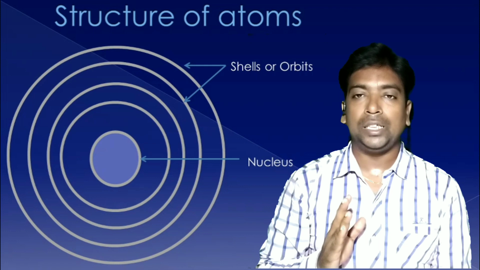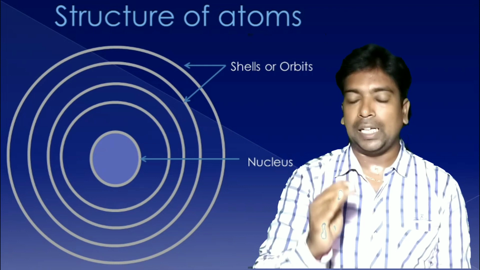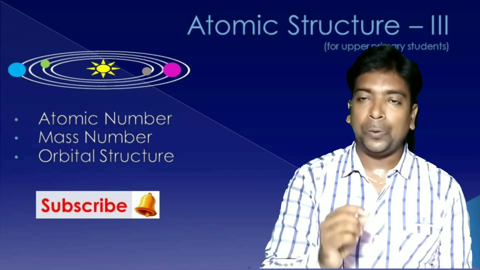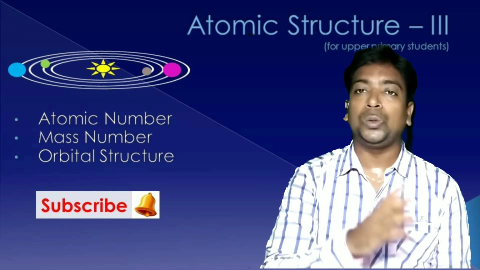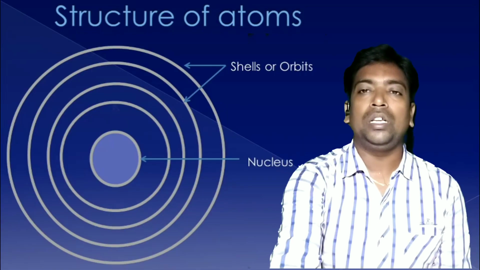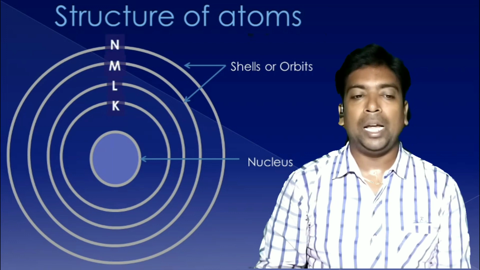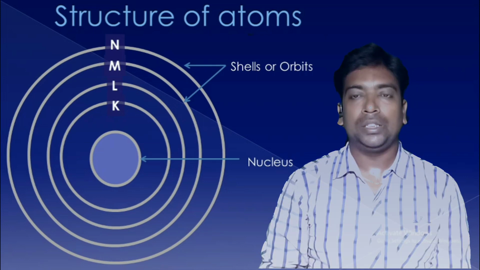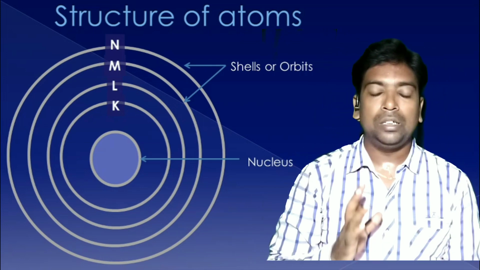There are different shells, and these shells are also named. Starting from the first shell nearest to the nucleus, you can call them K, L, M, N. These are the names of the shells. Is that clear?